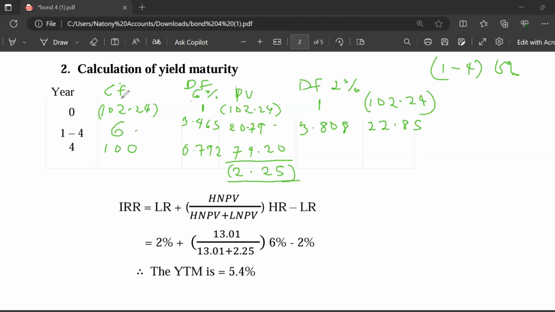The discount factor for year 4 at 2% will give 0.924. When multiplied by 100, that will give 92.4. So add up, this will give us a positive figure of 13.01.